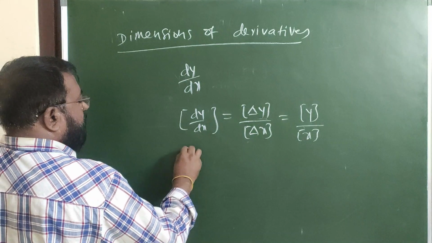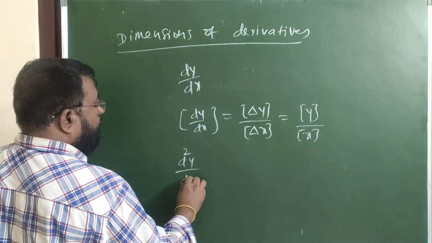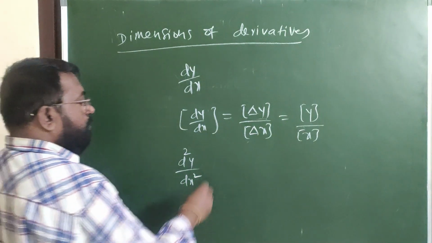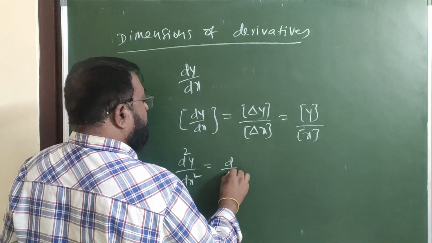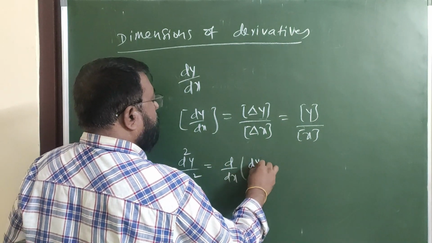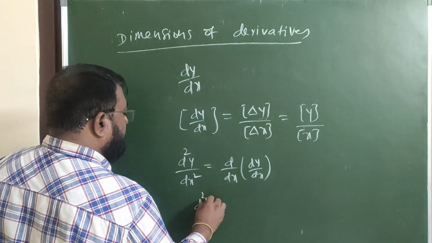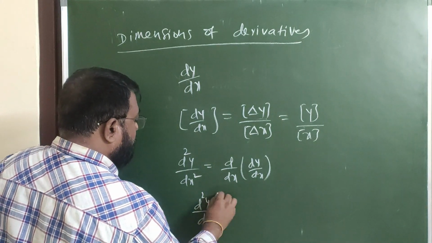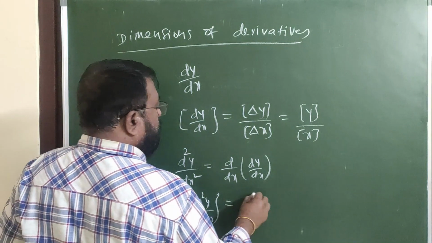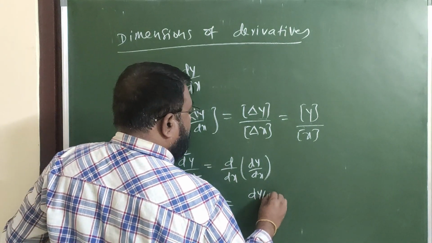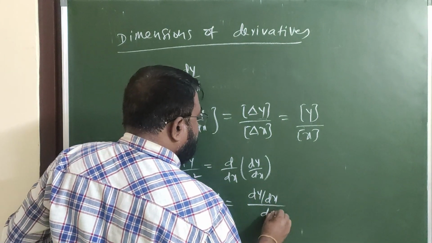For example, the second derivative is d square y by dx square. This becomes d by dx of dy by dx. Therefore, its dimensional formula, d square y by dx square, is equal to dy by dx by dx.